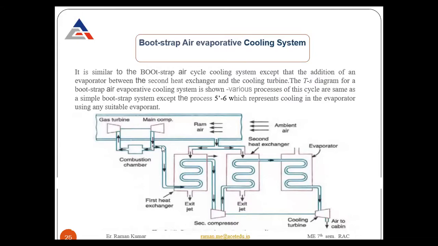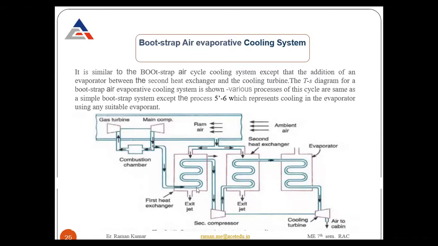This air first passes through the first heat exchanger. There will be two heat exchangers in this case. When hot air passes through the first heat exchanger, it cools down with the help of ram air, which is supplied over the tubes, takes away the heat and goes to the surroundings.